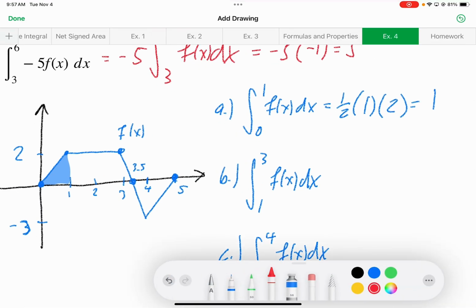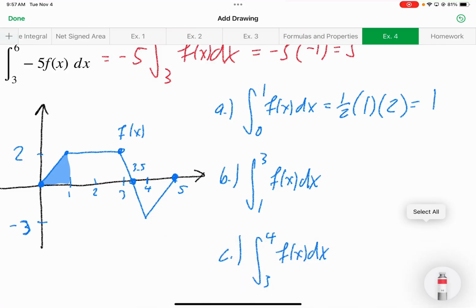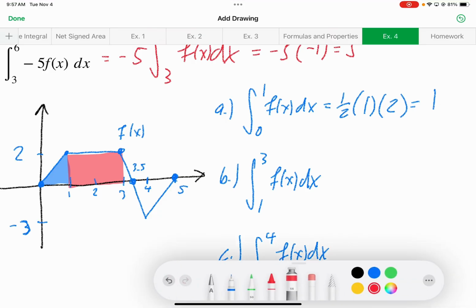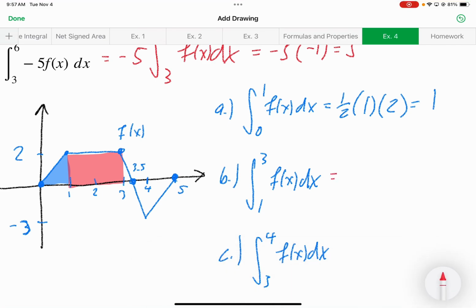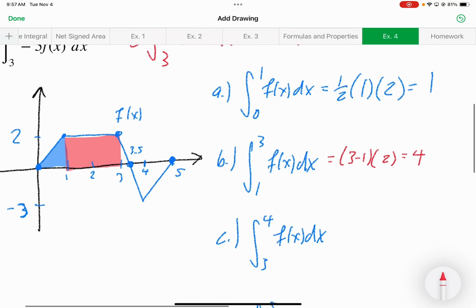And then let's do 1 to 3. So then we're doing a rectangle, yeah? Okay. All right, so then in that case, we would just do base times height. So 3 minus 1 times my height of 2, giving me 4.